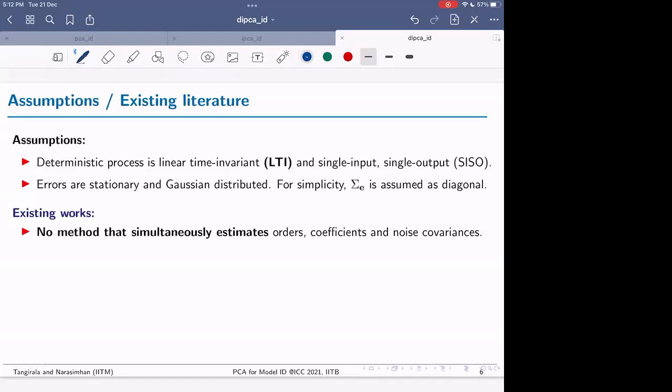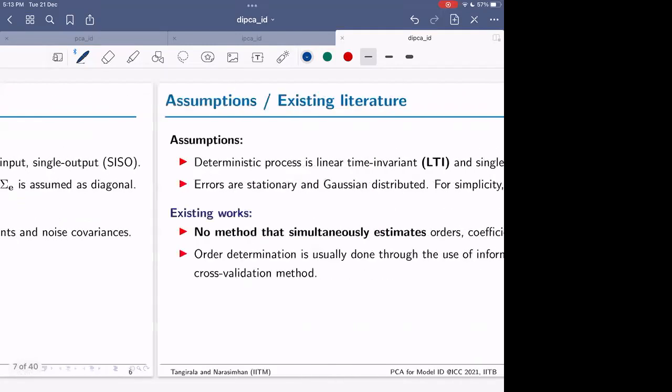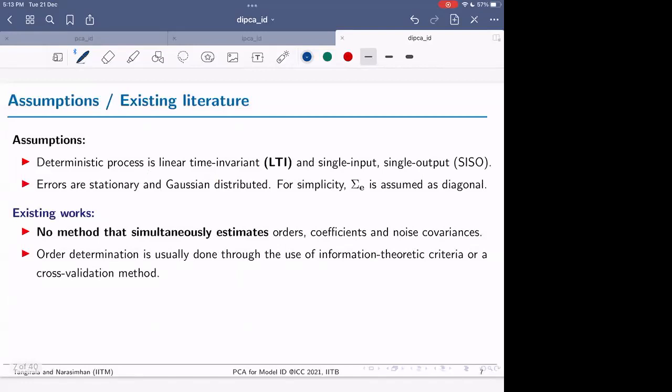As far as existing literature on EIV identification is concerned, we are not talking of classical ID. No method that simultaneously estimates orders, coefficients, and noise covariances exists. There are a few methods that assume, for example, noise covariance matrix to be available, and then you can estimate the orders and coefficients.